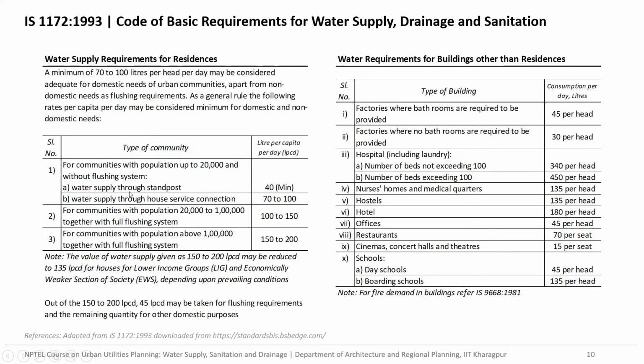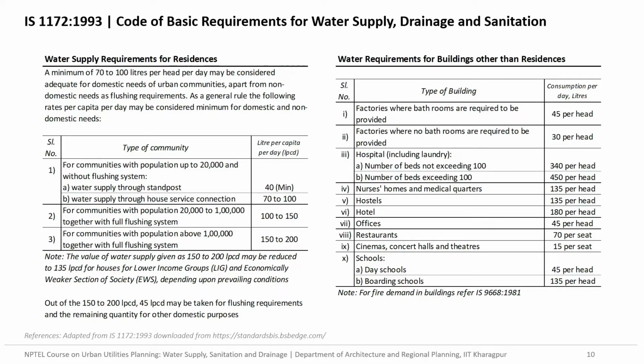When the water supply is through a stand post, the demand is a minimum of 40 LPCD. Water supply through house service connection, which is a connection to every single household, will be 70 to 100 LPCD. For communities with population between 20,000 to 1 lakh, the LPCD is taken to be 100 to 150. For communities with population above 1 lakh, with full flushing system, it will be 150 to 200 LPCD.